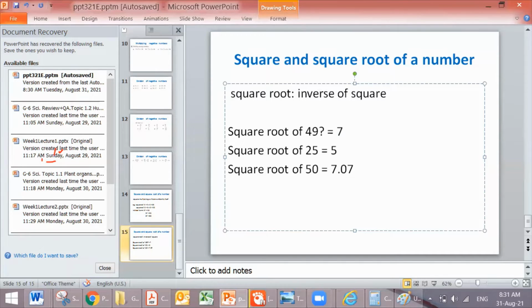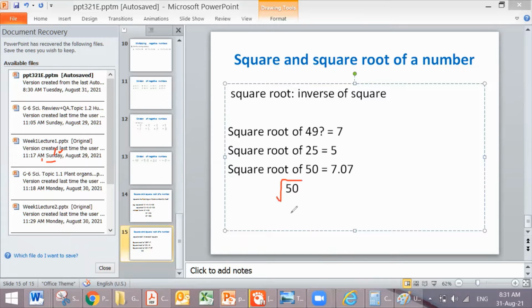If I want to find the square root, I will write this, like this, 50 under these lines. So this is actually the square root of 50, and its answer is 7.07. These concepts you have already studied.